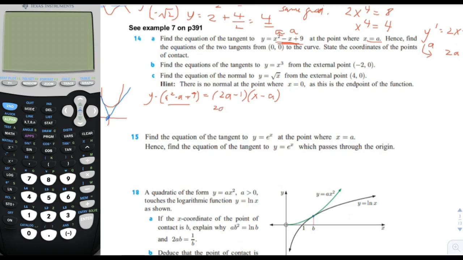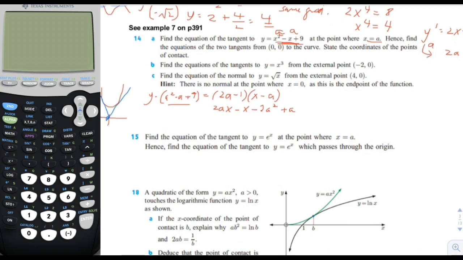So we'll have 2a x minus x plus or minus 2a squared plus a. Does that look better?